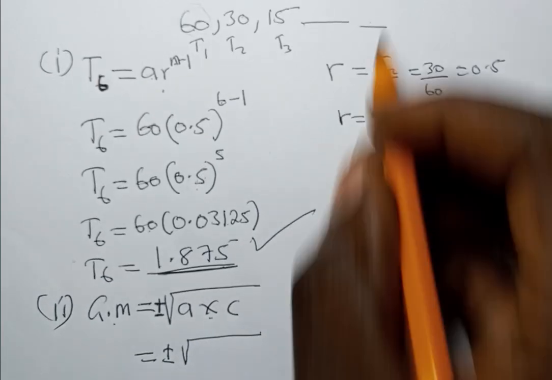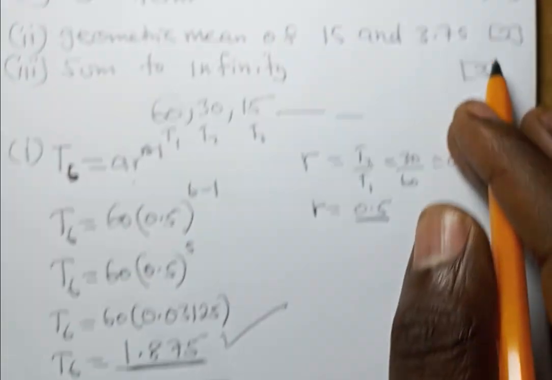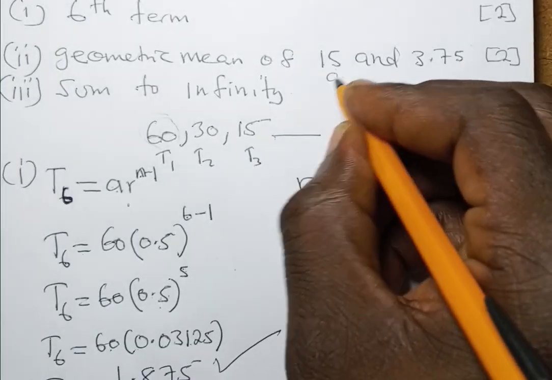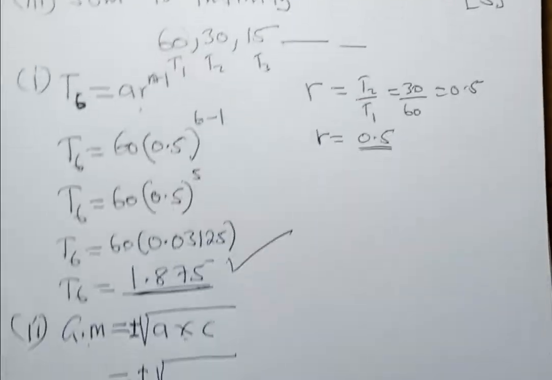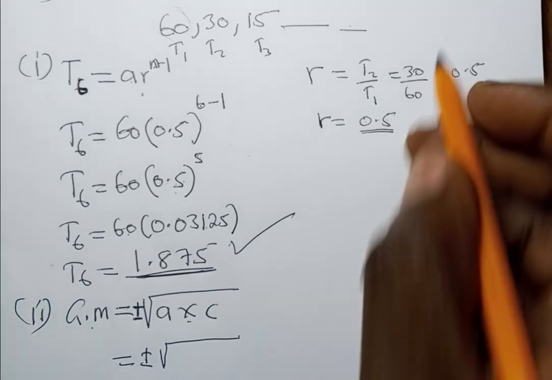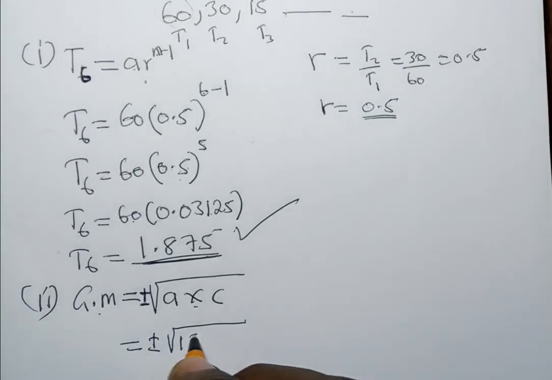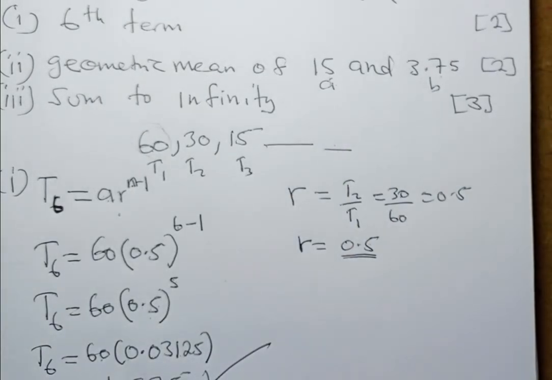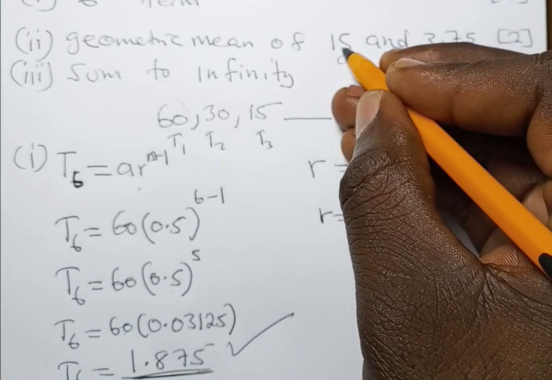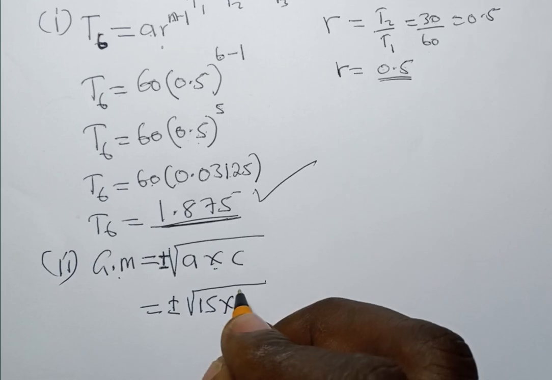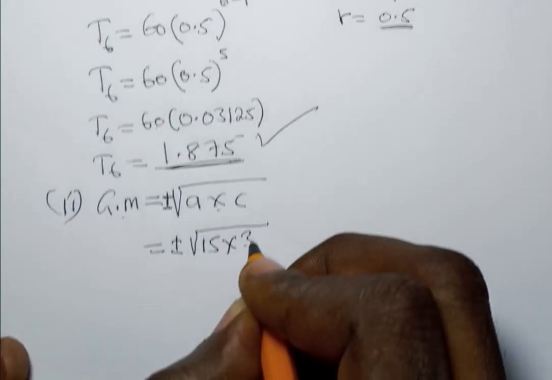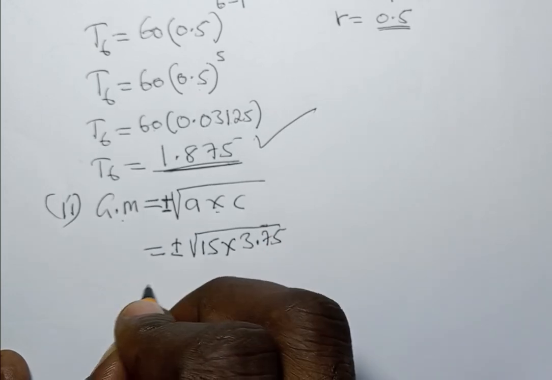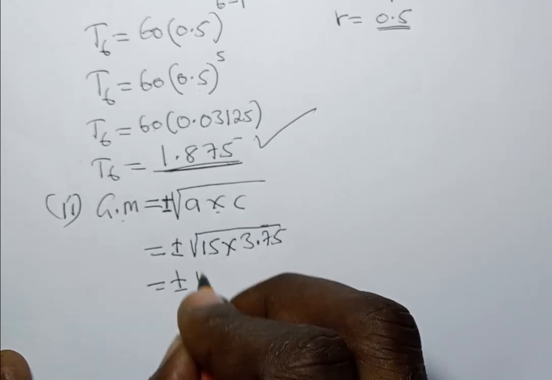In this case, we have 2 terms. There's 15 and here there's 3.75. This is our A and this is our B. So A is 15 multiplied by 3.75. So the geometric mean equals plus or minus the square root of 15 times 3.75.